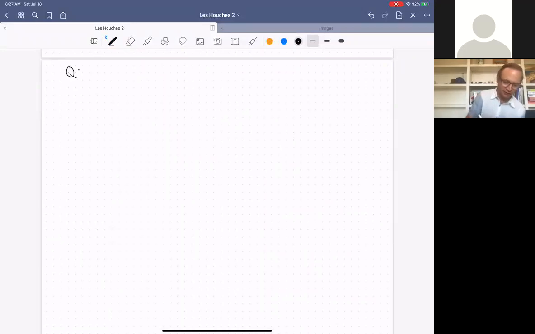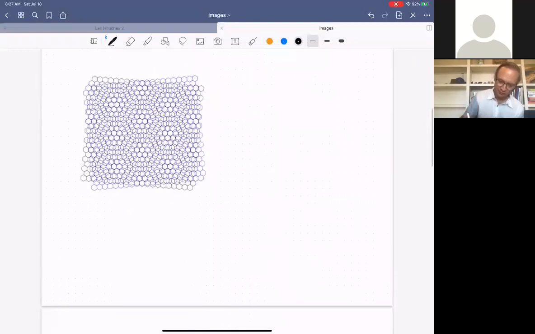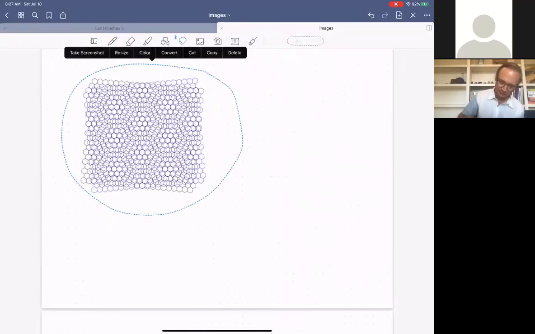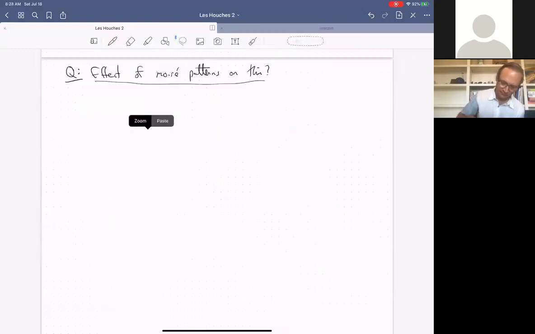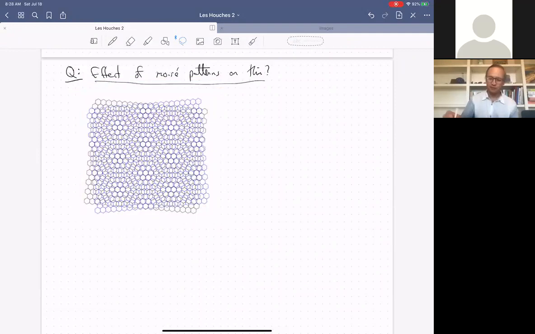So now we want to ask the question, okay, what is the effect of the Moiré pattern on this? So suppose we have two layers coupled by some interlayer interactions J prime.